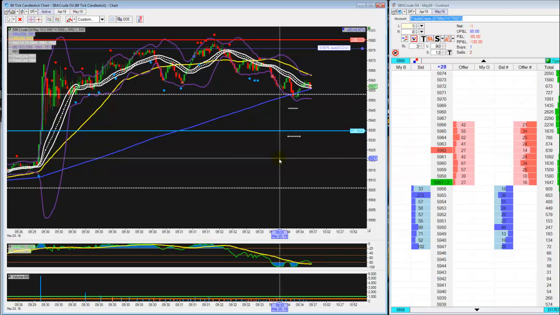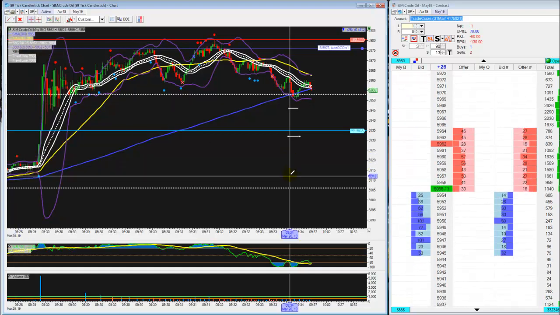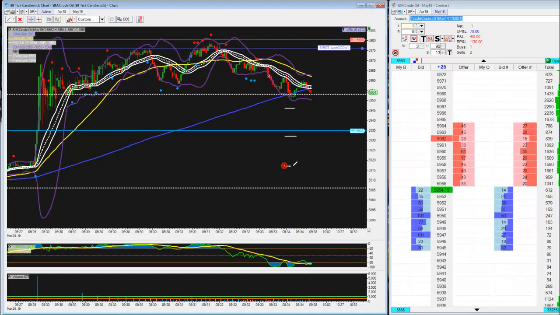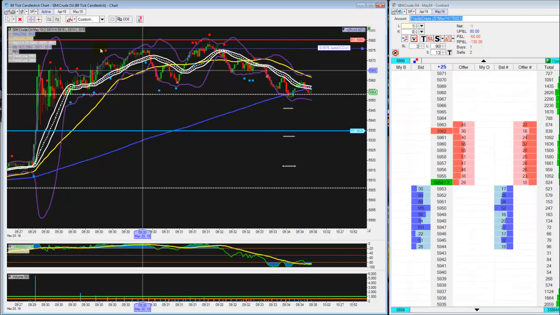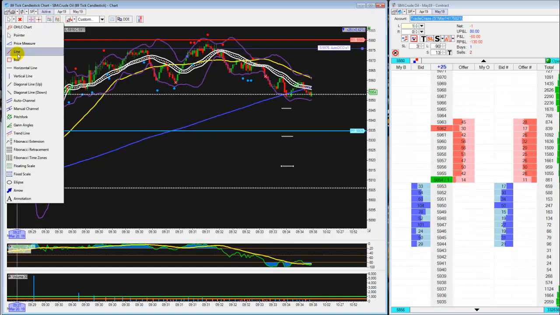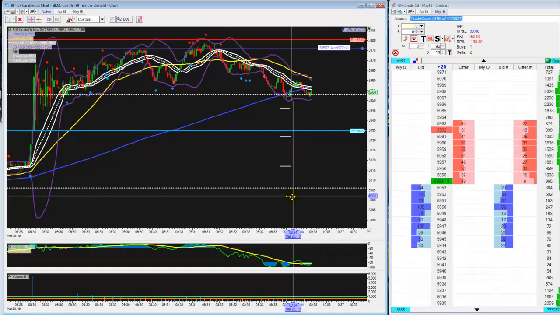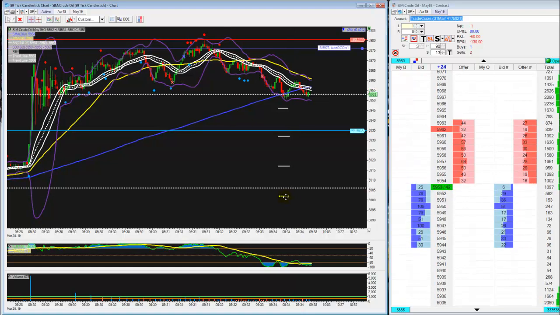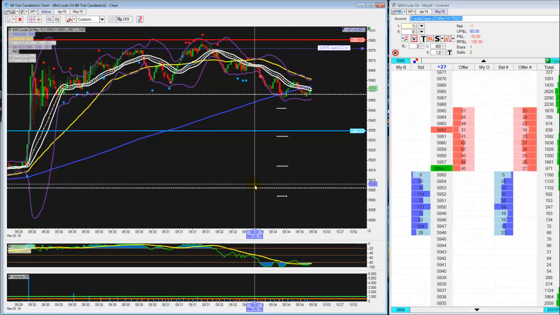Three P is 59.17. 59.02 is 4. See if we can get some help today.